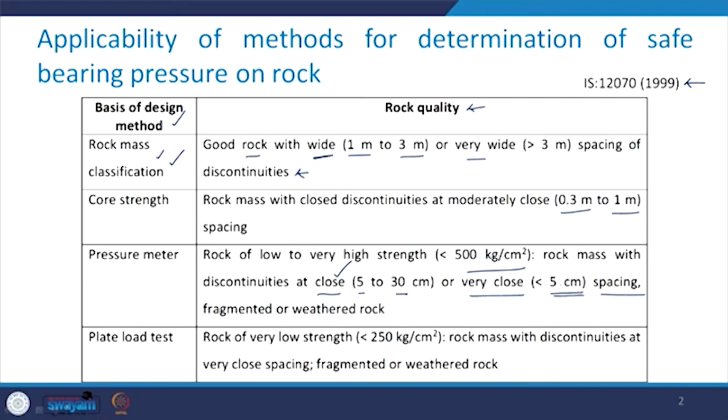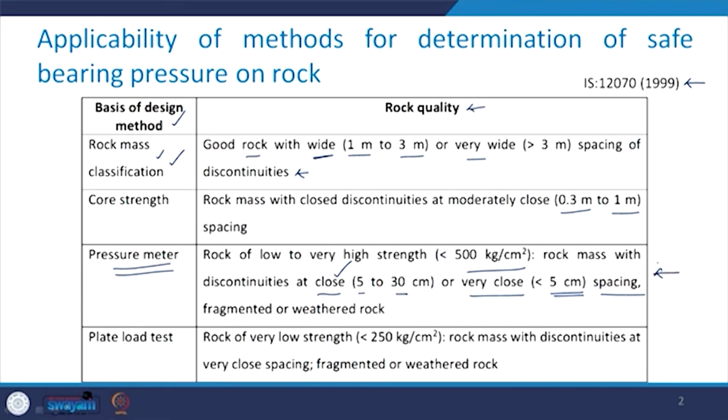In case of fragmented or weathered rock, we can find out the safe bearing pressure using the results of the pressure meter test. This test is right now beyond the scope of this particular course, but for the sake of completeness I have put it here for your information only.